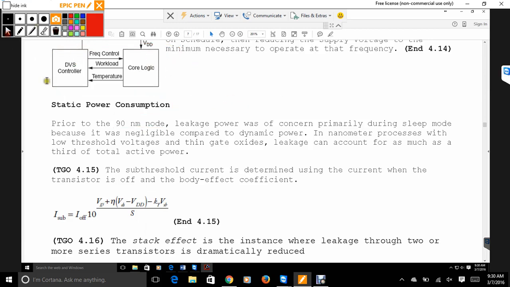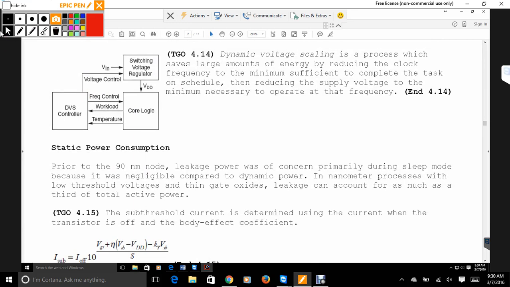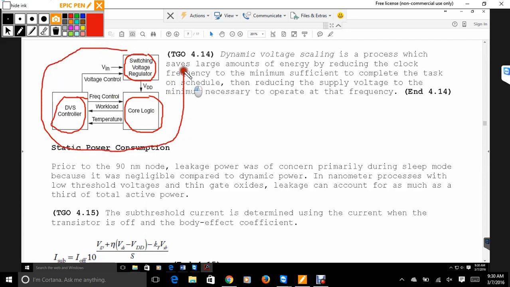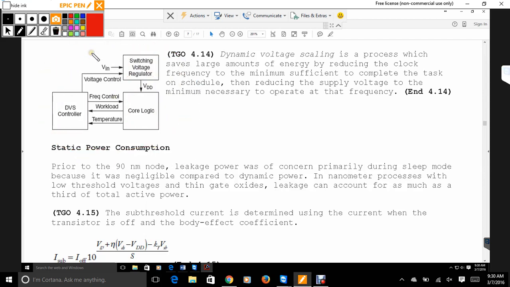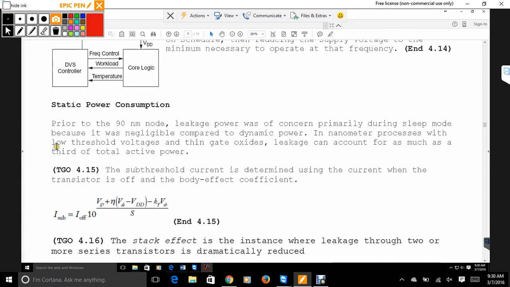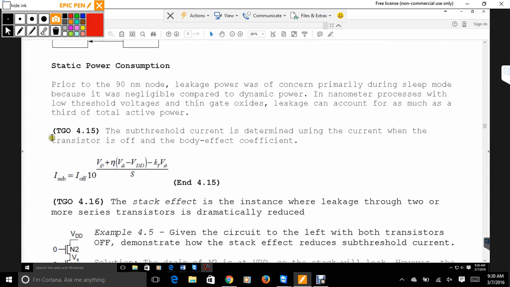In that diagram, everything we're adding to the area is our dynamic voltage scaling controller and our switching voltage regulator. Before it was just the core logic, right? So we're reducing power, but our circuit's getting larger and larger. We try to trade that off by reducing transistor size. But then we start having to worry about static power consumption.